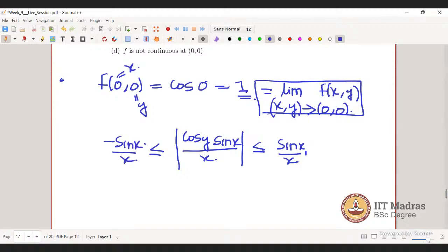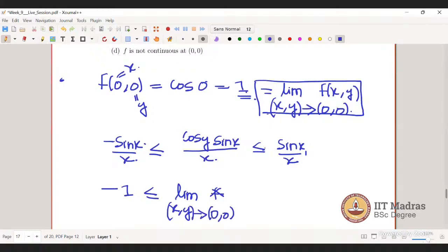Now if we apply the limit at (0, 0), you will get minus 1 here, and the limit of whatever this is lies between -1 and 1. No, this is not giving the right answer.